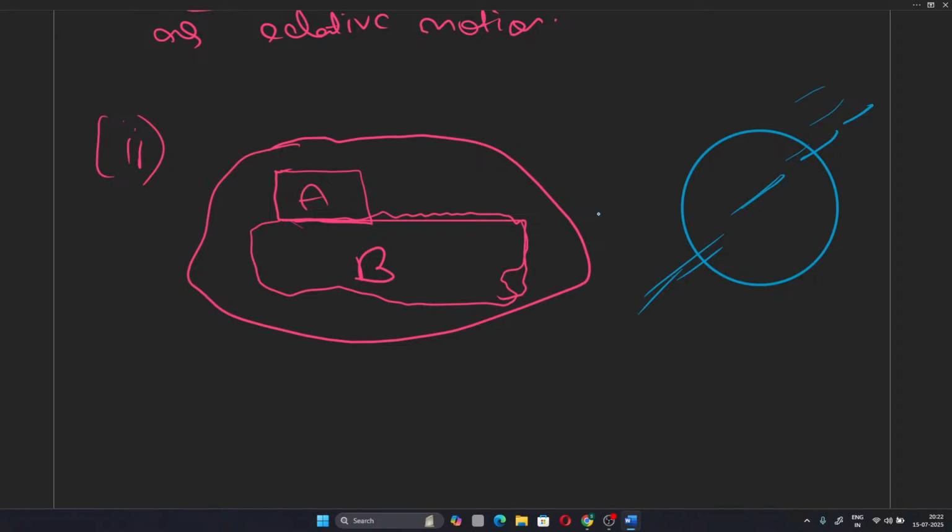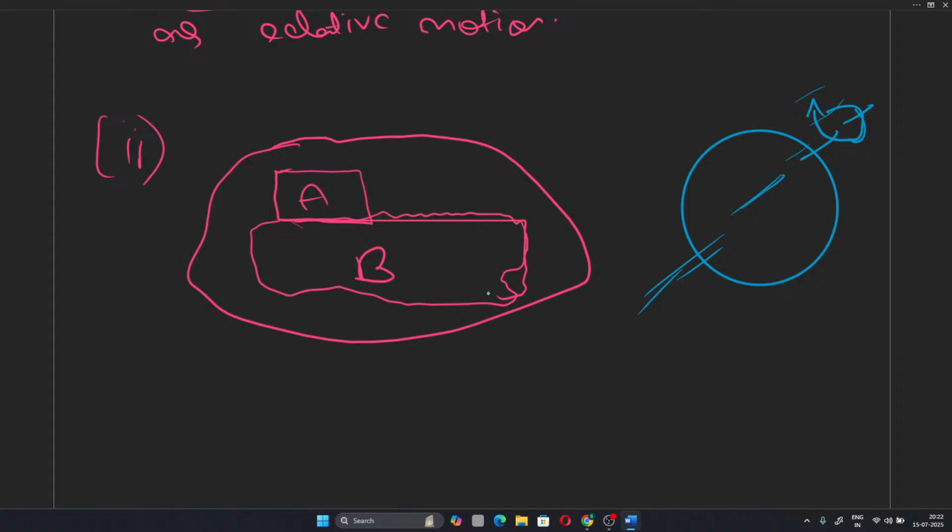Earth is performing two motions: it is rotating on its axis, and it is also revolving around the sun. So everything on the Earth is also moving, and these two blocks on Earth are also moving.